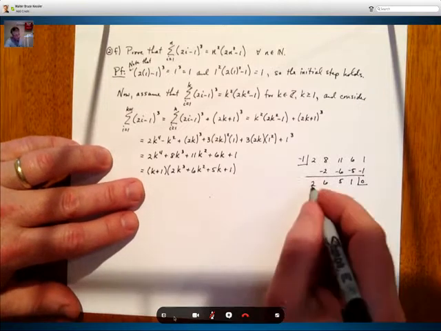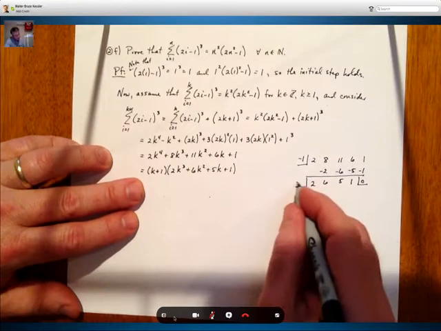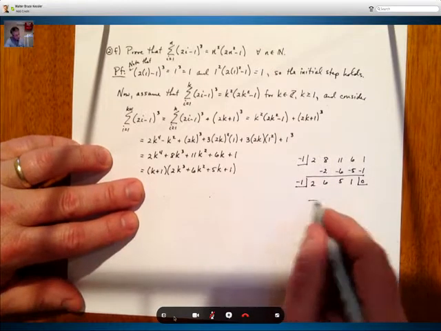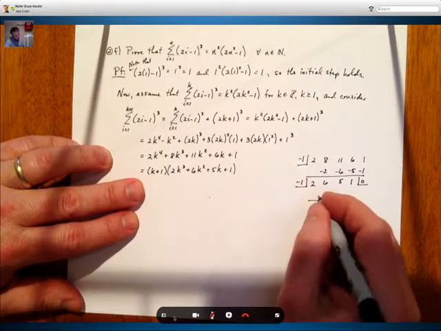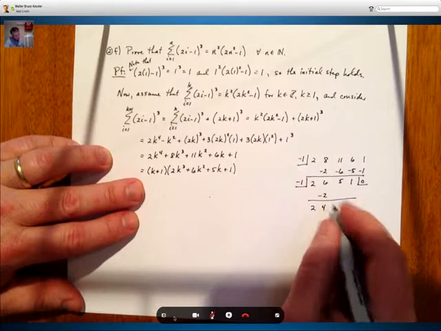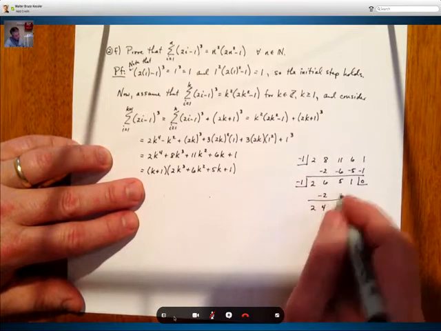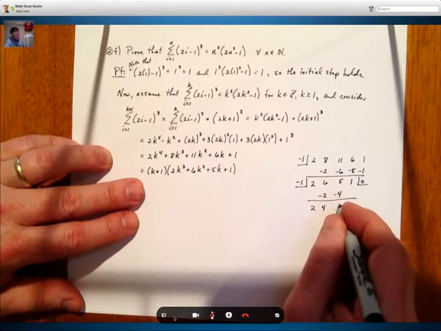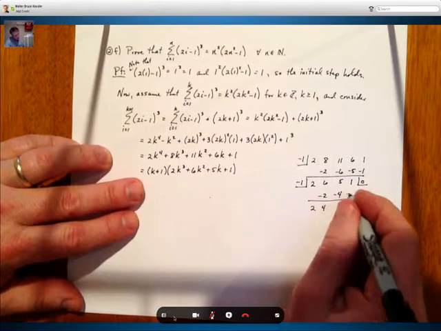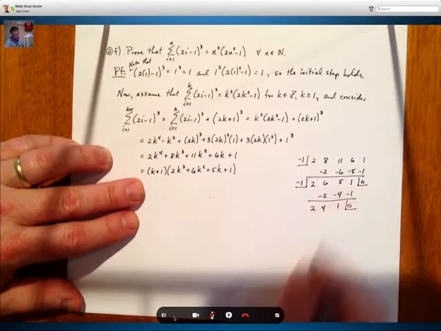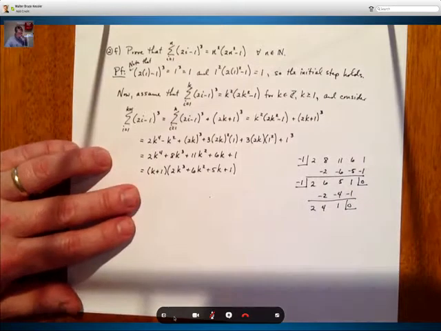And hopefully I can do this again with k plus 1. So let me try that one more time. Negative 1 is the 0 there. Bring down the 2. 2 times that's a negative 2. Add 4. 4 times this is a negative 4. Add, get 1. 1 times a negative 1 is negative 1.